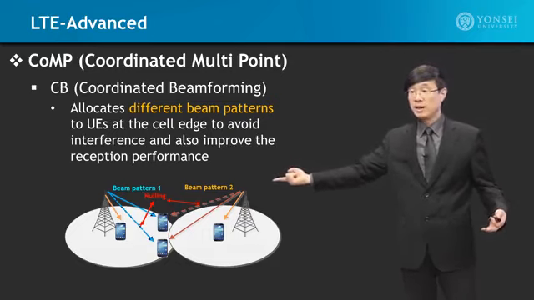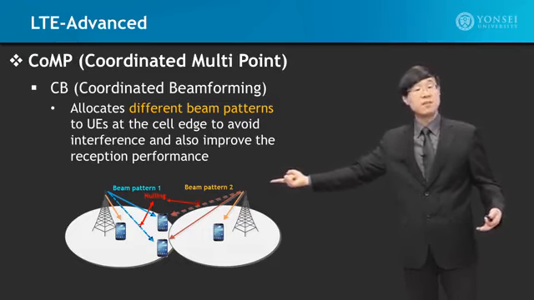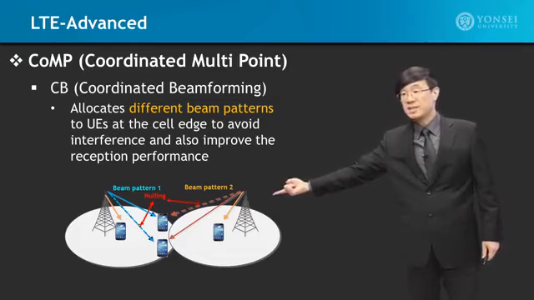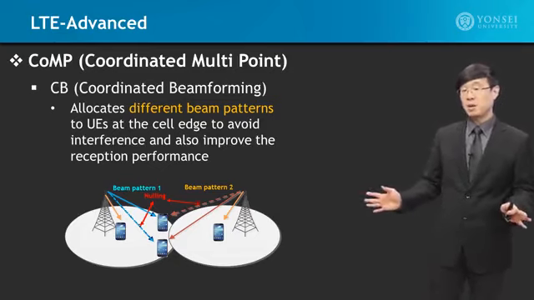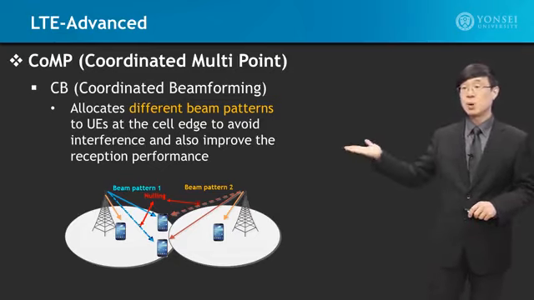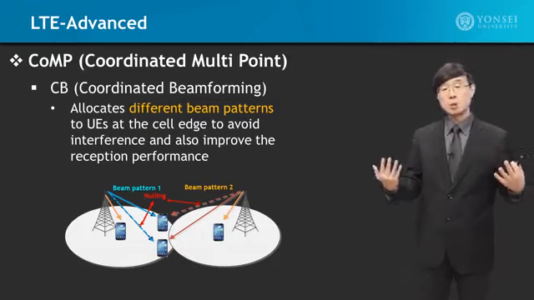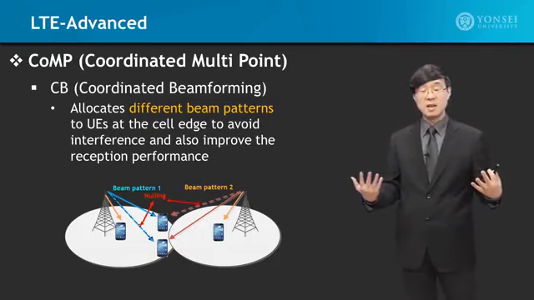Where you see right here, there is a nulling effect for beam pattern 1 and beam pattern 2. You're supporting different devices at the cell edge based upon different beam patterns. This is what we use in coordinated beamforming. Very effective and possible because we have an array of antennas that we are capable of steering, beamforming.